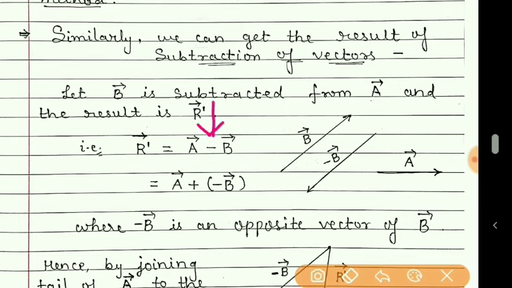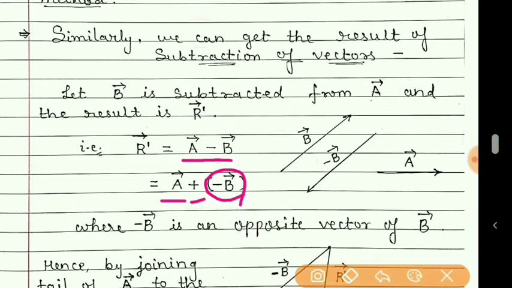Actually it is addition only. It is addition of vector A with opposite of vector B. What is minus B? Minus B means it is opposite of vector B. So here we can say that this A minus B is nothing but it is A plus minus B, that is opposite of vector B.